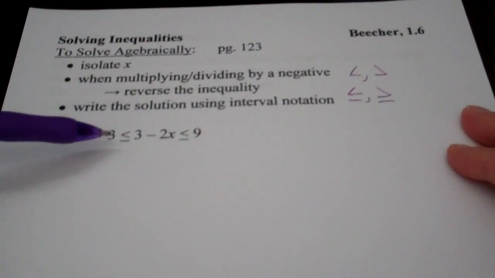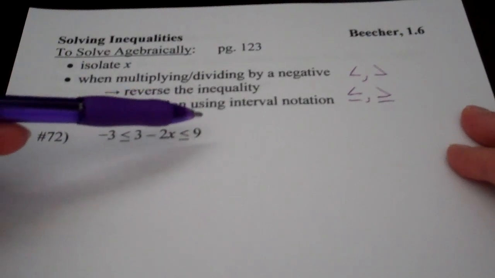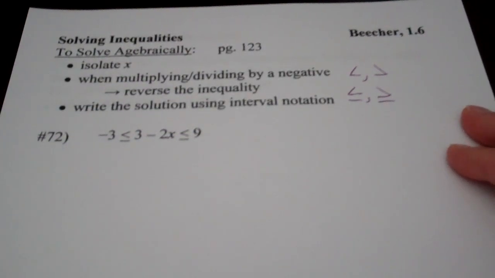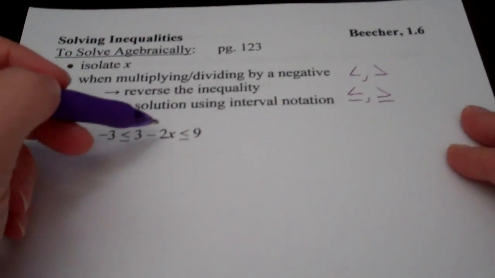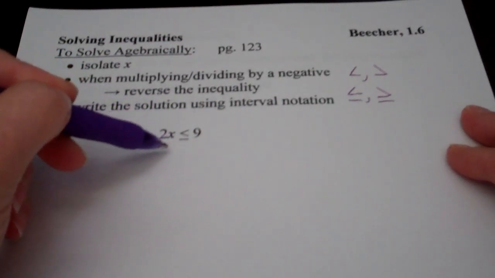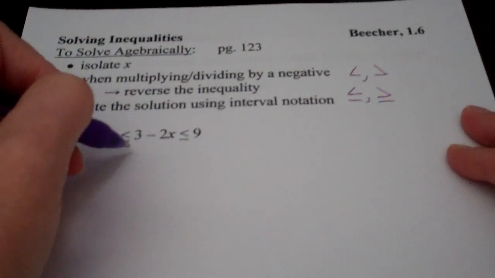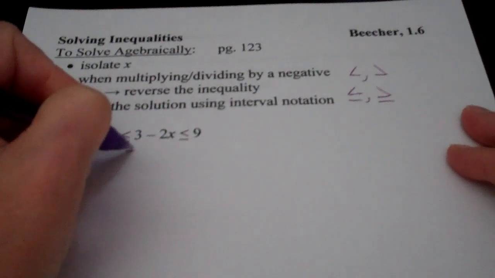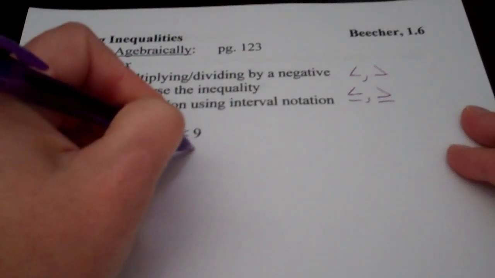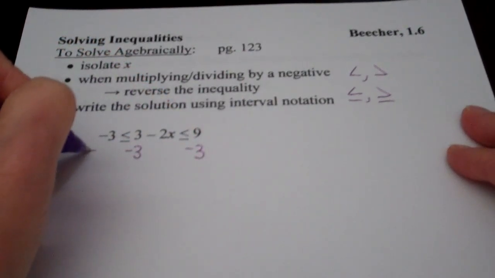Or you can solve this as a three-sided equation and do everything that you need to do to all three sides. I'm going to solve it today as a three-sided equation. So my goal, if this is a double inequality, is to get the variable by itself in the middle. So working to that end, I'm going to subtract 3 from all three sides.